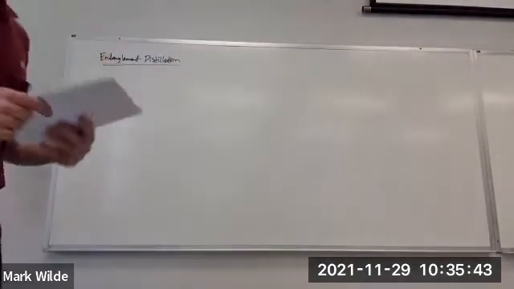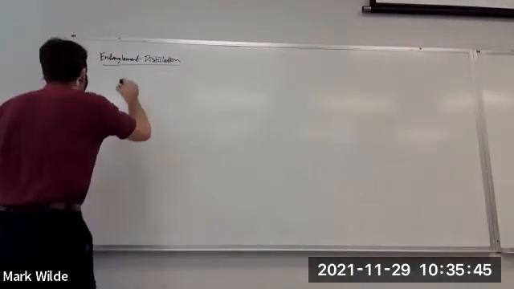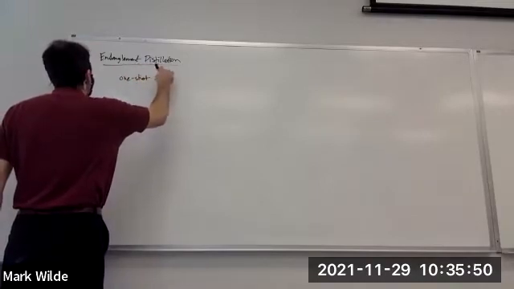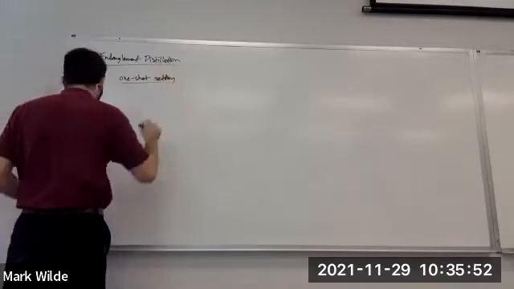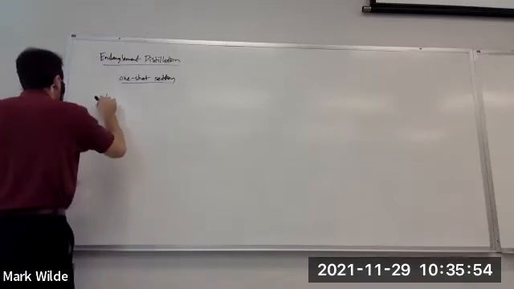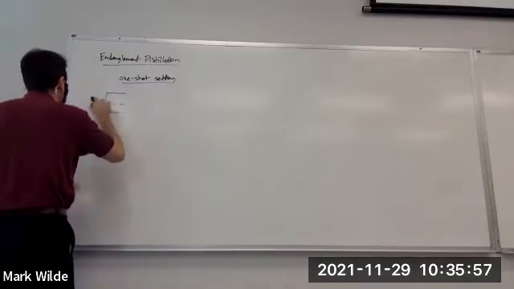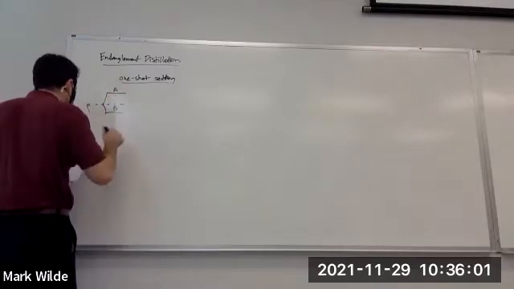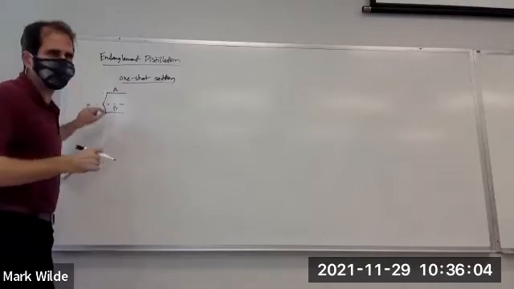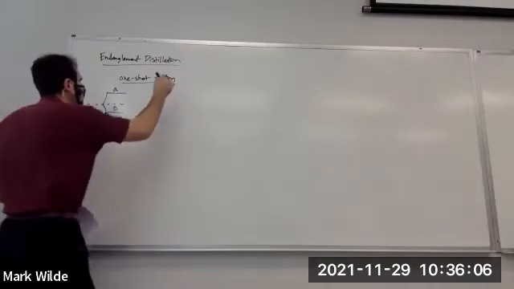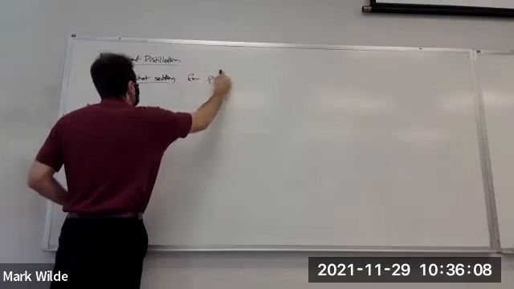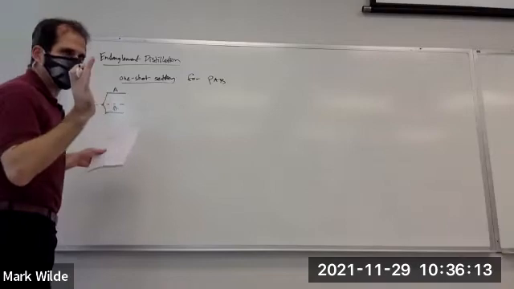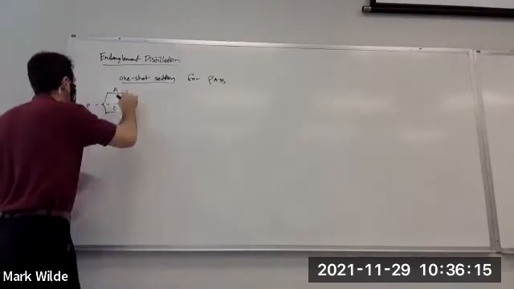So what is the setting? Again, we're going to do the one-shot setting. We imagine we have a single copy of a resource state, rho AB. Alice has one share, Bob has another share. They're allowed to do any local operations and classical communication.